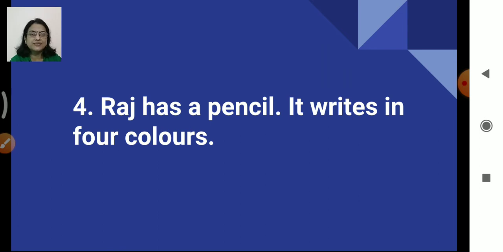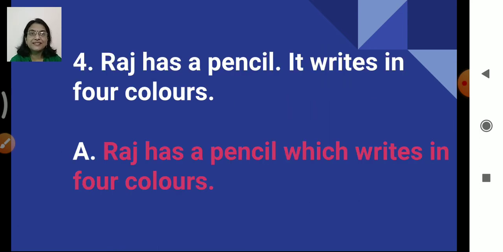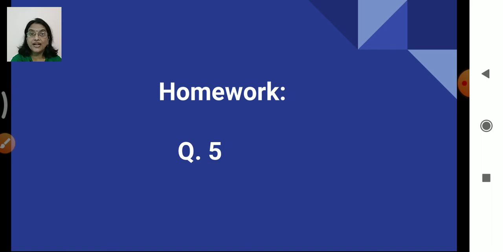This should be the answer. Let's see. Yes, Raj has a pencil which writes in 4 colors, right? Now, question number 5 from this exercise is homework which you are going to do. I know it's very easy, right? Okay.